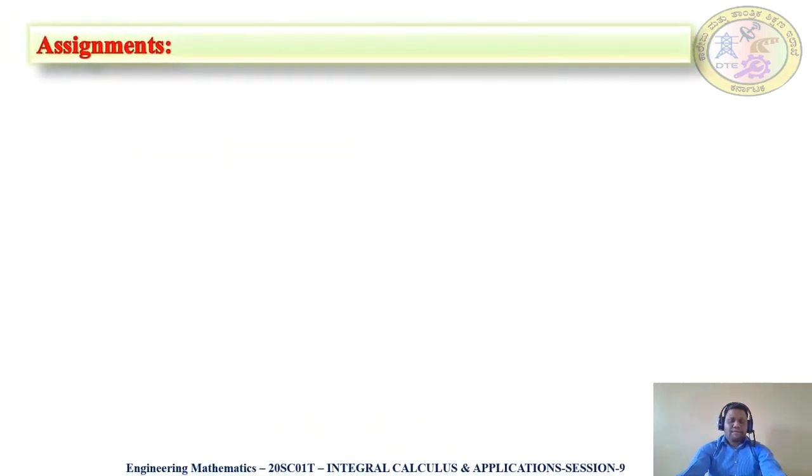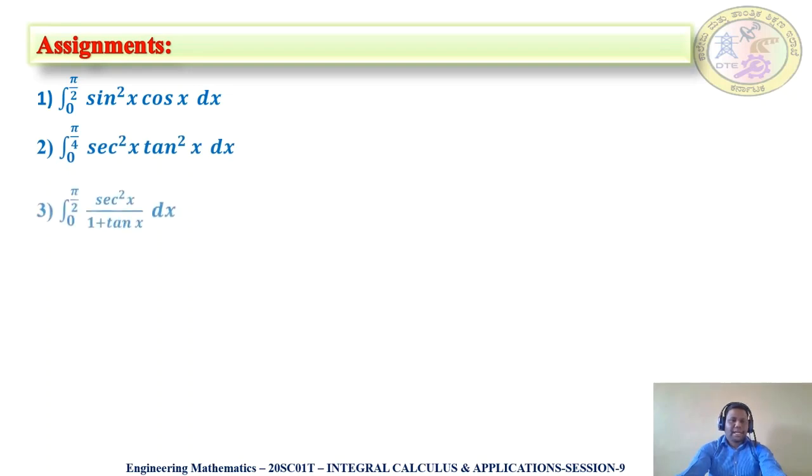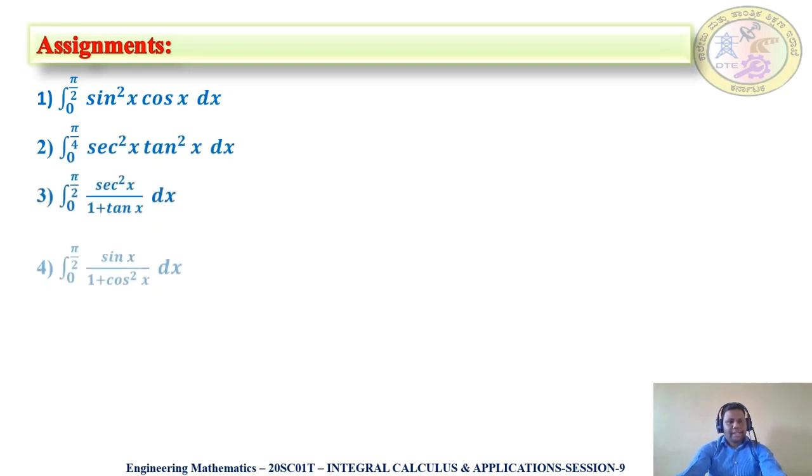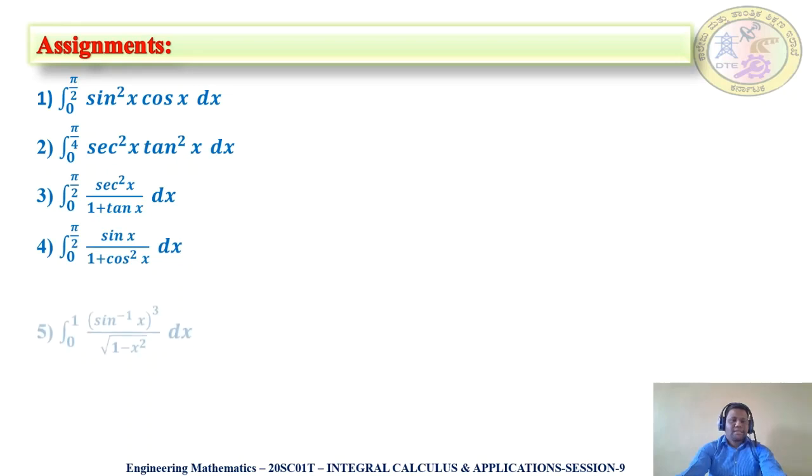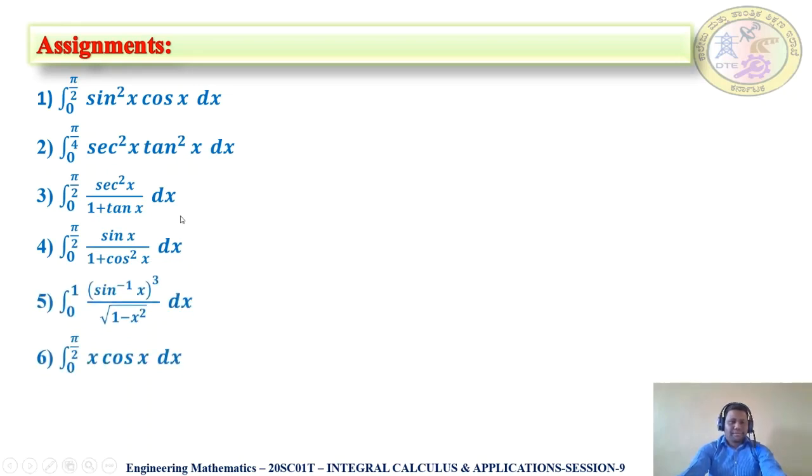So that is all for the problems from integration by parts and substitution method. I have given some assignment questions here. You can try them using the integration by parts method and also the substitution method. The first 5 problems are from the substitution method. Here put sin x equal to t. Here you can put tan x equal to t.